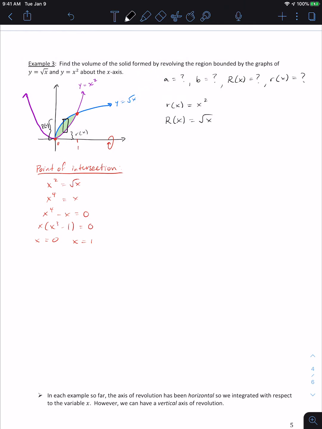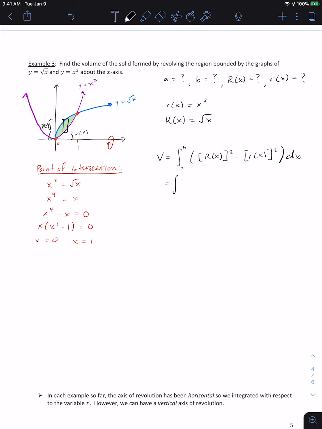So now we have everything we need for the problem, right? Our volume is equal to the integral from a to b of big R of x squared minus little r of x squared dx.